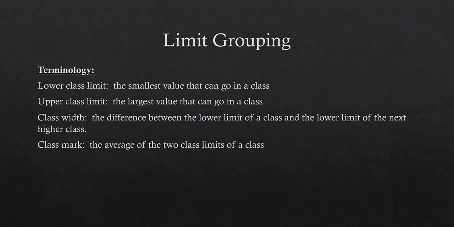So for instance, let me turn my pen on here, if our class was from 10 to 19, 20 to 29, and so on, we would say that this class has a width of 10.